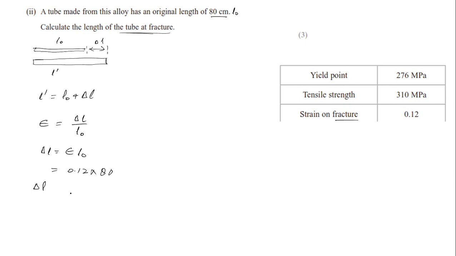Delta L would be equal to 9.6 centimeter. Finally, final length is equal to 80 plus 9.6, so final length is equal to 89.6 centimeter. This is the final length.